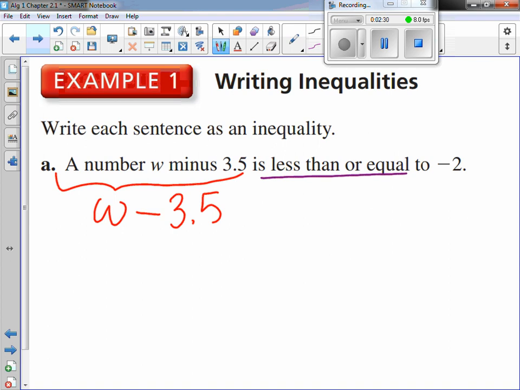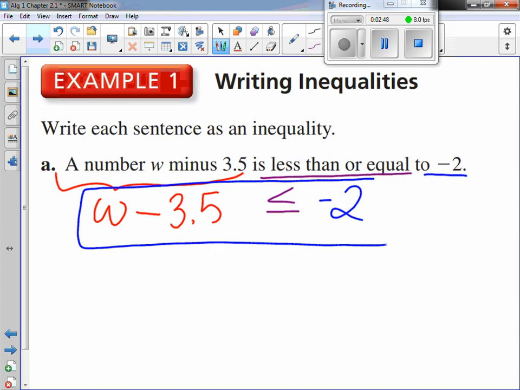Is less than or equal to. So what's our less than or equal to symbol? This here, yes? And then the next part is negative 2. And that's our inequality statement: w minus 3.5 is less than or equal to negative 2. And that's the answer for that one.